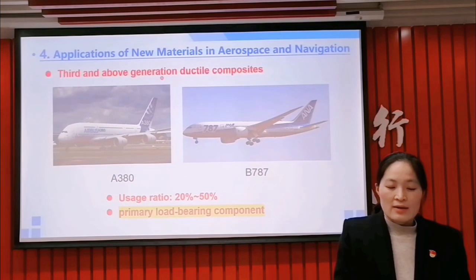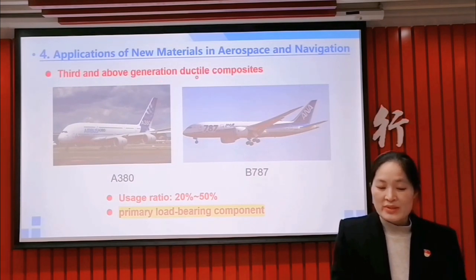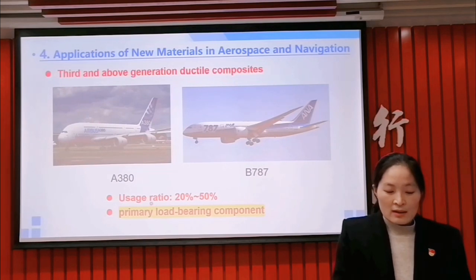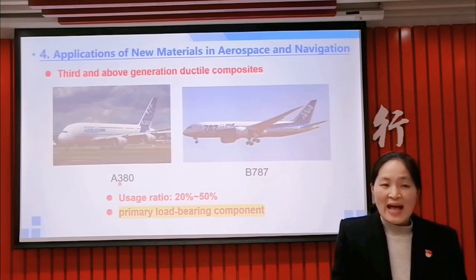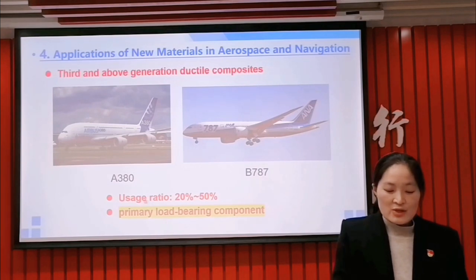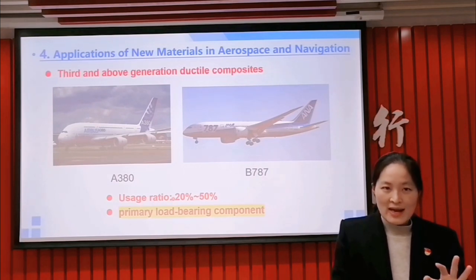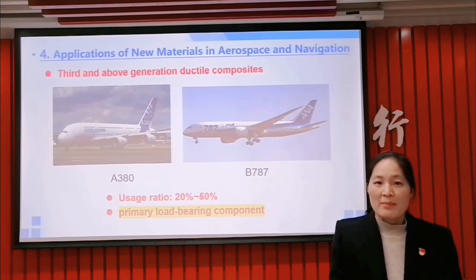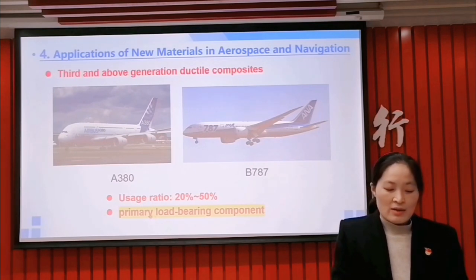And in the third generation, the composite improved. The typical products are the A380 or B787. Usage ratio from 20% to 50%, and also used as primary load-bearing components.